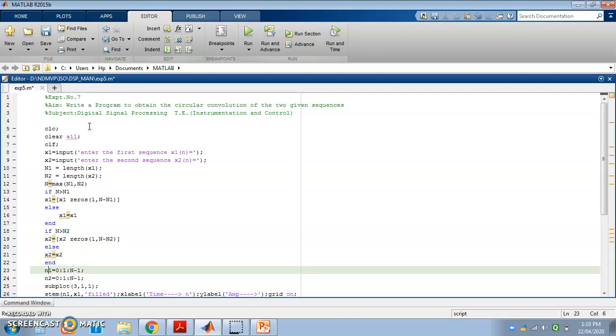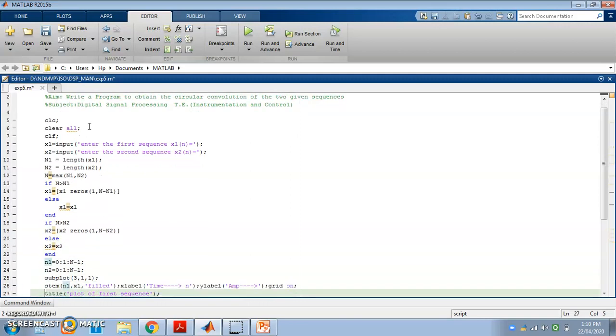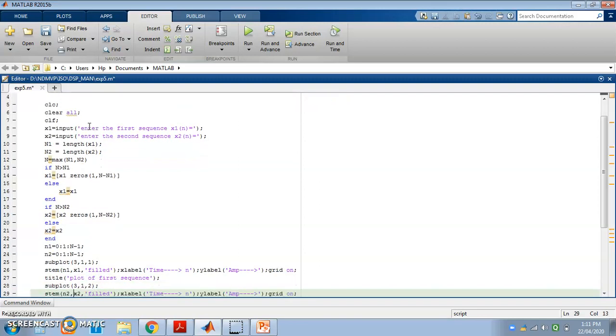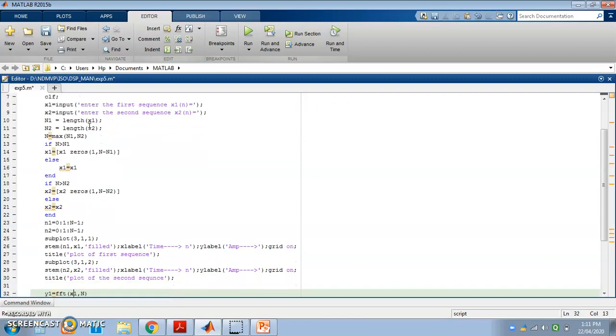Now I assume that n1 and n2 are the two time indexes, one for sequence x1 and the second for sequence x2, and n1 and n2 are one and the same, because after padding, sequences x1 and x2 are treated as the same length. By using the subplot command, one can have the first plot of the sequence x1 of n and the second plot of the sequence x2 of n.